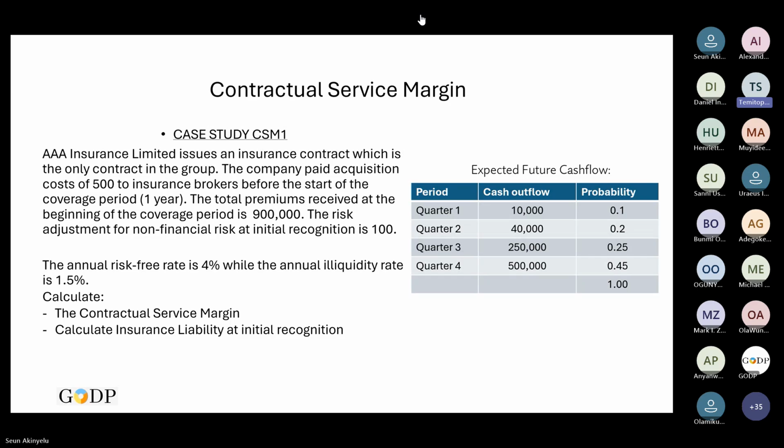Then you did amazing calculations on how to get the discounting factor. And of course, how to arrive at our CSM, knowing that if it is a negative figure, then the CSM is 0, and that amount would have to be recognized in our P&L. And when the result is positive, of course, we have the CSM.